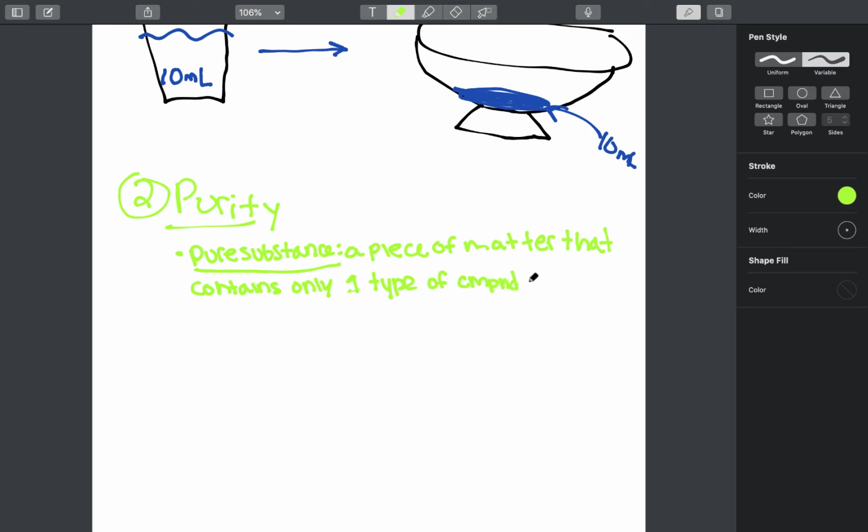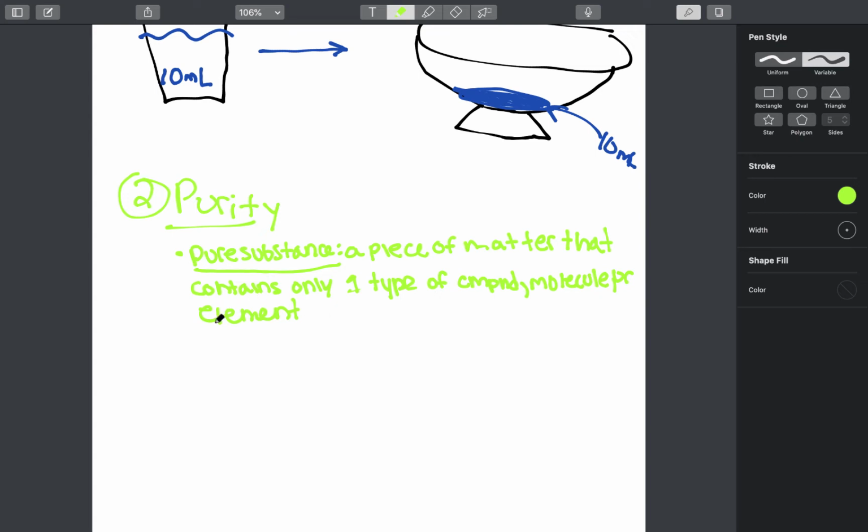So this symbolizes compound, molecule, or element. An element is basically a substance that contains the same type of atoms.